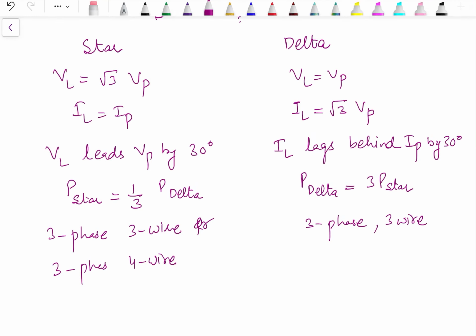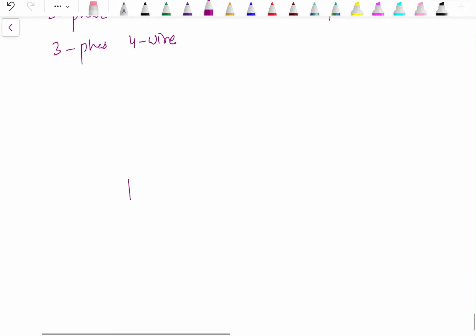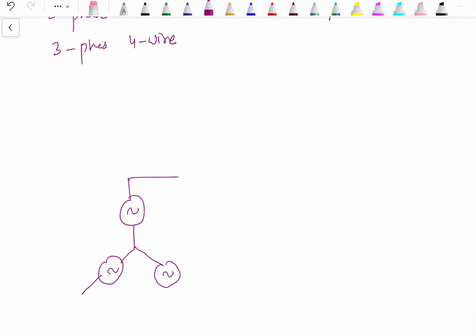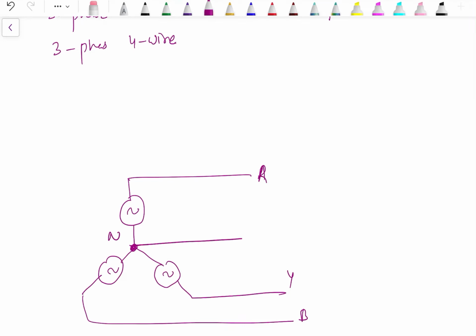Now what do we mean by a 3 phase, 4 wire system? In case of star connection, the connection is like this: 1, 2, 3. These are the 3 lines, R, Y, B. And then we have the neutral. So if we connect another wire from here, then we have 1, 2, 3, 4, four different wires.